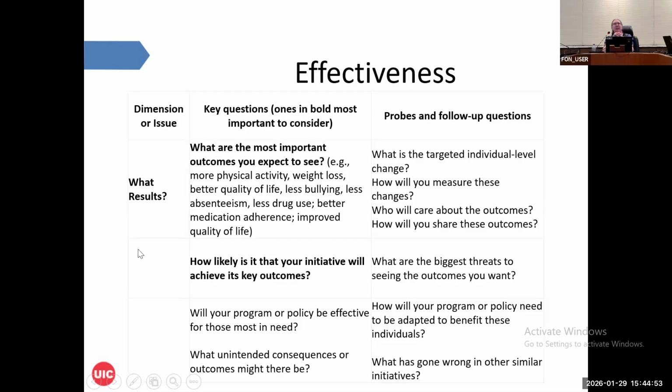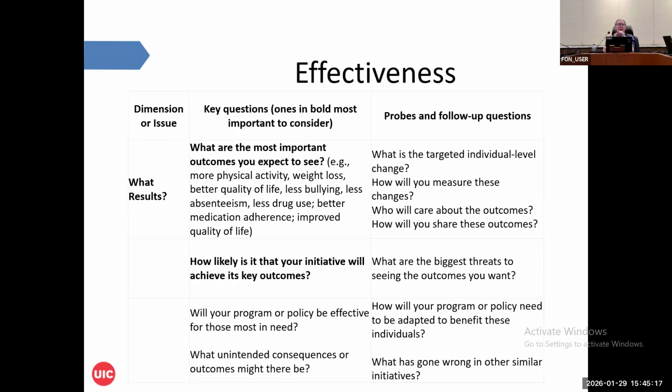The next one is effectiveness. And the key questions here, and again, the ones bolded are the most important to consider. So I wanted to highlight these for ease of popping out for you so that you see what the important ones are. What are the most important outcomes you expect to see?